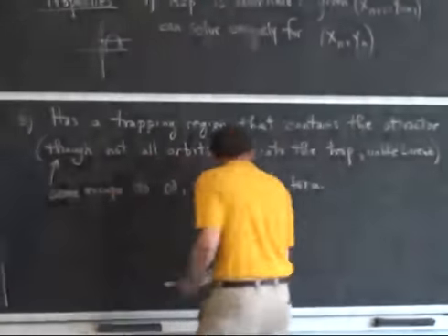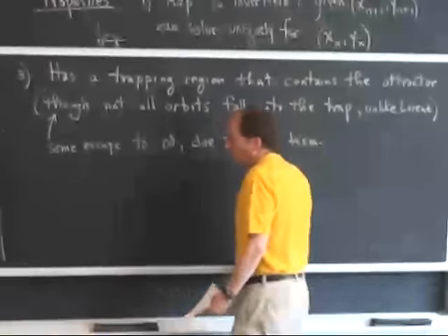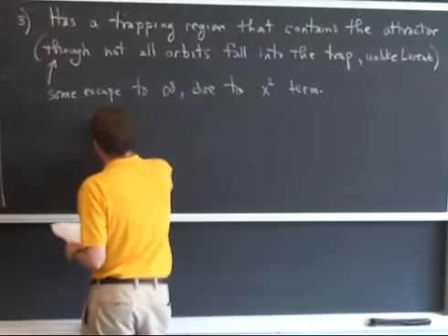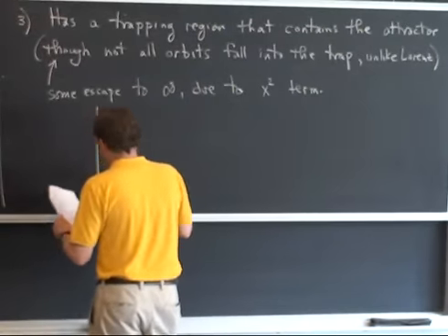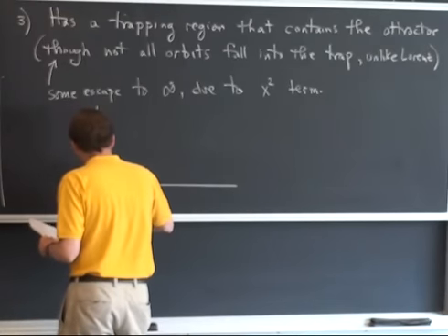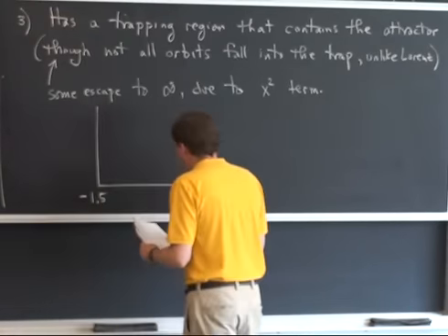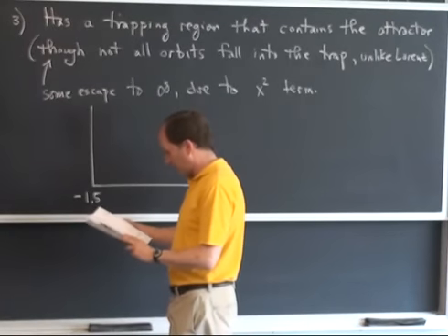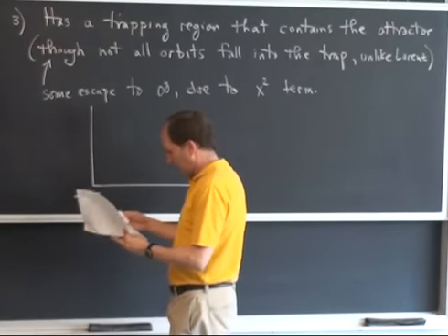Okay, so what does the trapping region look like? Hénon computed one analytically by drawing an interesting quadrilateral. It looks approximately like this. You go from minus 1.5. Oh, I didn't say, but in his work he chose the parameters a and b a certain way.